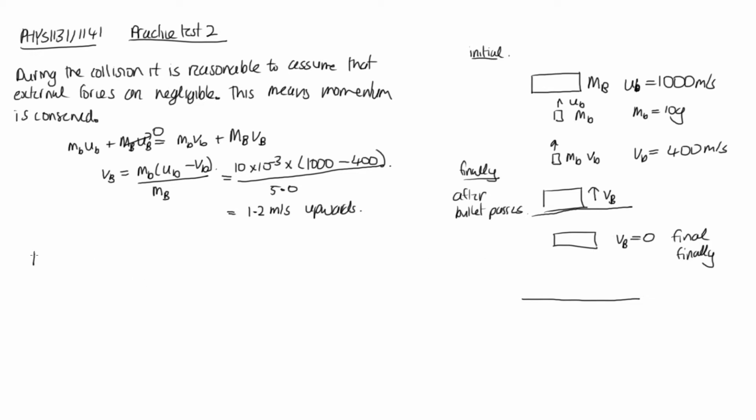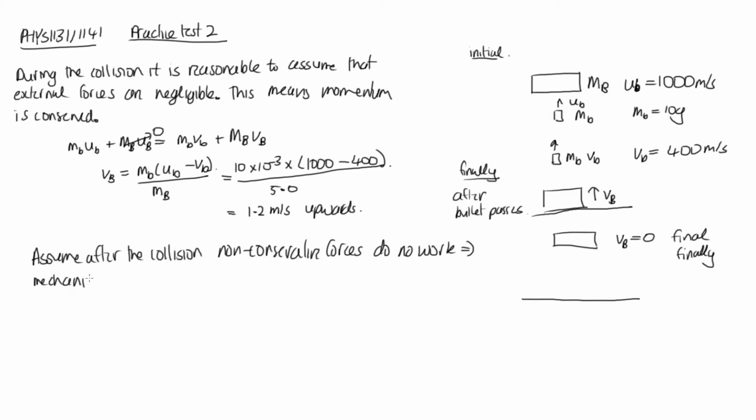So we can assume after the collision, non-conservative forces do no work, which tells us that mechanical energy is conserved. So as an equation, we can write, well, the initial potential energy plus the initial kinetic energy is equal to the final potential energy plus the final kinetic energy.